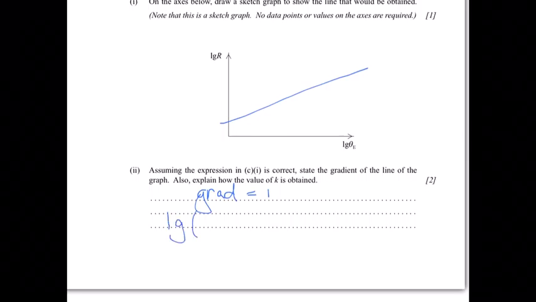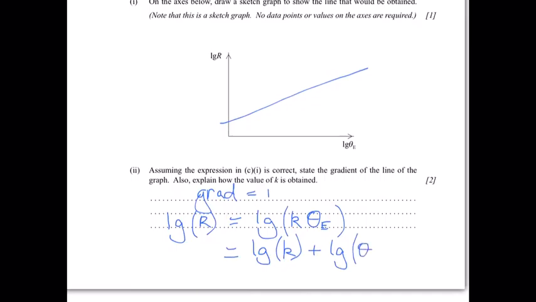So we've done log of R equals log of k theta E. But the rules of logs allow us to separate this out into two expressions. That becomes log of k plus log theta E, which means that the intercept of our graph should be equal to log k.